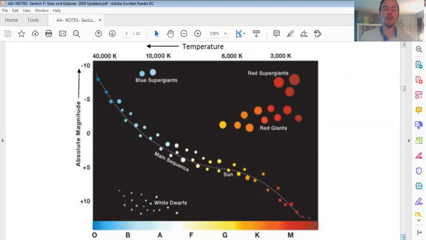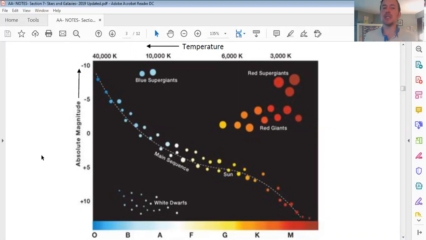So this diagram that you see became known as the Hertzsprung-Russell, or HR diagram, and it's quite possibly the most epic, awesome diagram in all of astronomy. What they are doing here is classifying all stars in the universe according to basically two simple things: the brightness, and so over here we see absolute magnitude, which is a term we just learned for brightness.